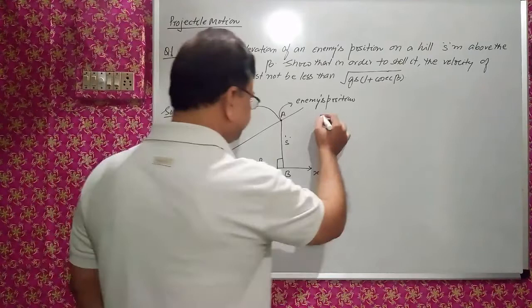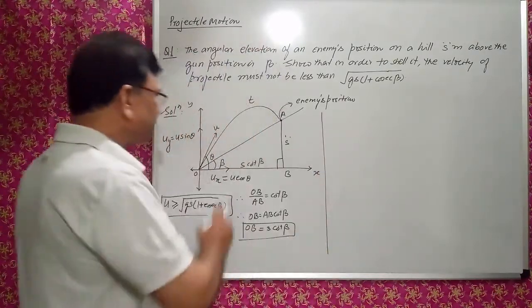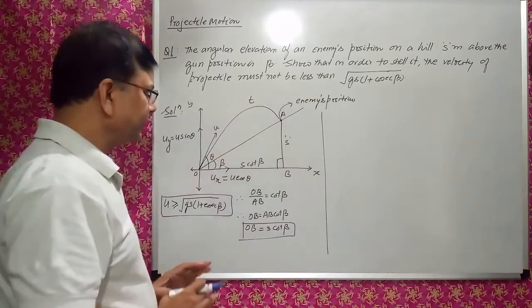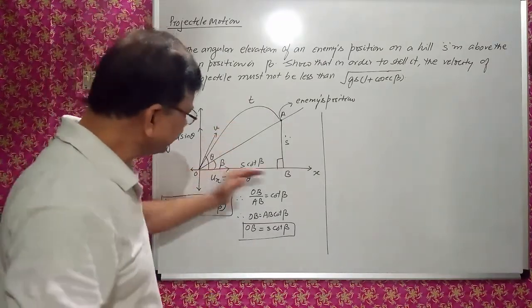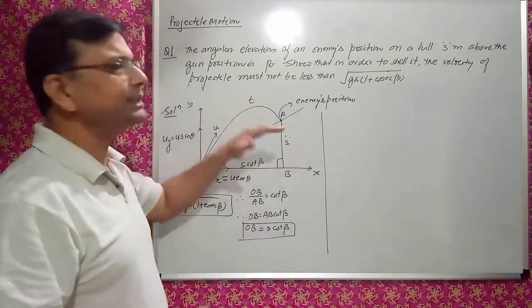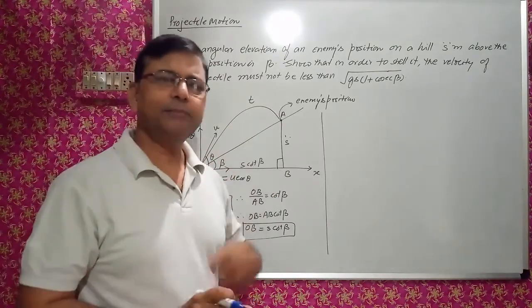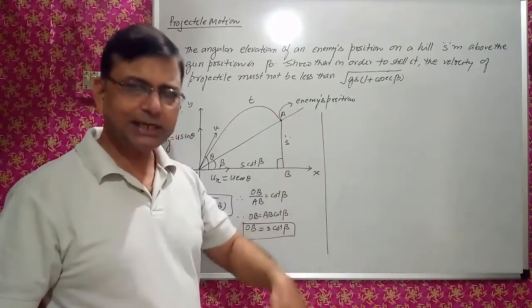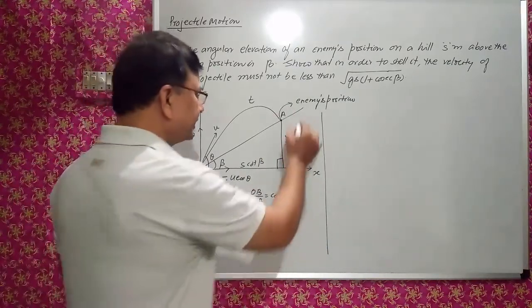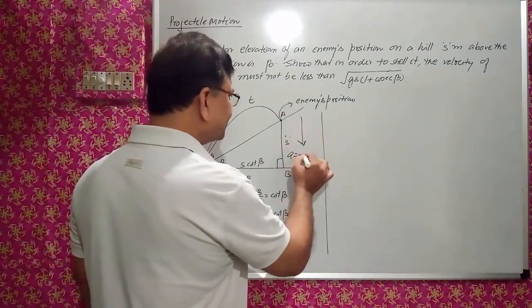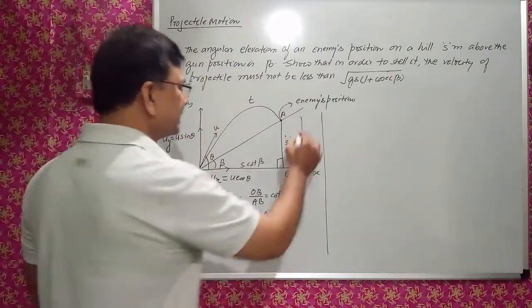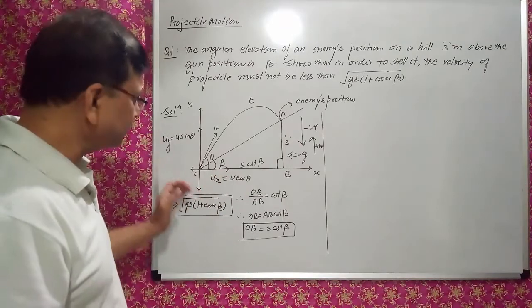So suppose it takes time t to reach from O to A. Horizontal velocity in projectile motion remains constant because there is only one acceleration acting, that is gravitational acceleration downward. Downward acceleration a is minus g. Upward direction is taken as positive.